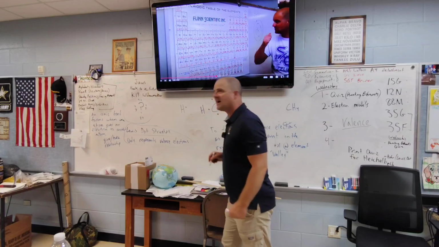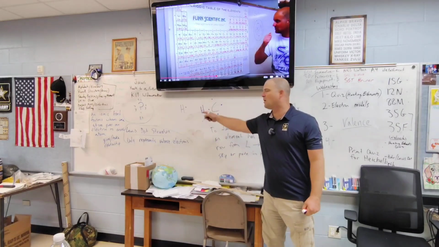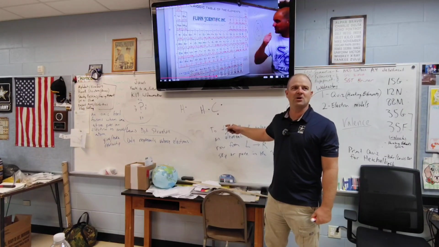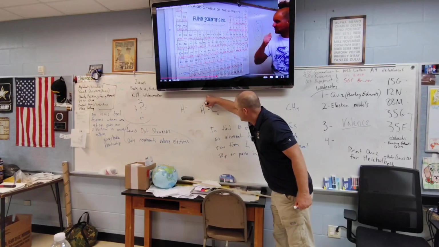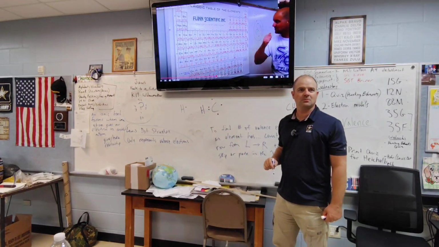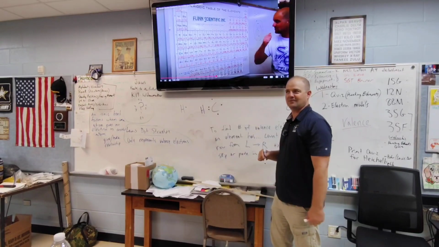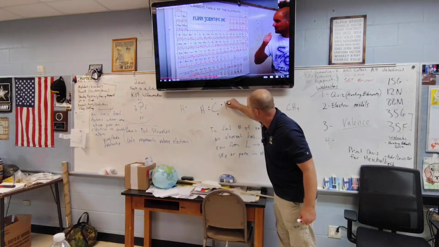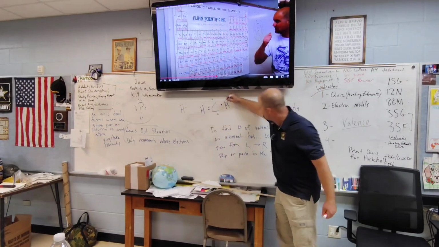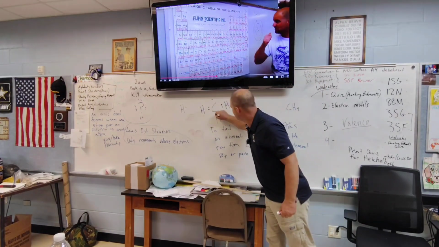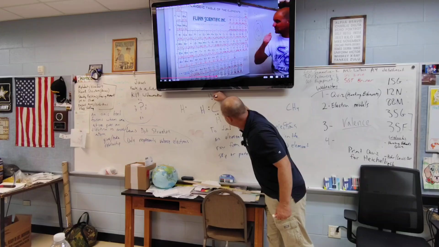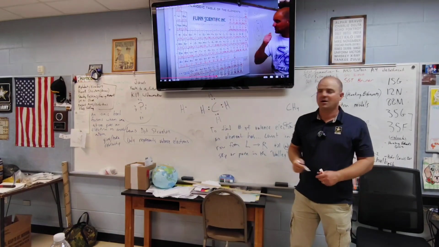Hydrogen pulls up alongside and says, hey, I've got one. I see you've got 5. Do you want to share mine and I'll share one of yours? And carbon says, sure. And it docks. And then another hydrogen pulls up alongside, and it docks. And another hydrogen, and a last hydrogen. They all dock.